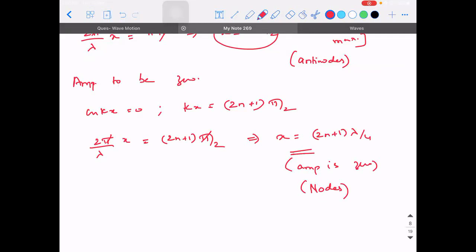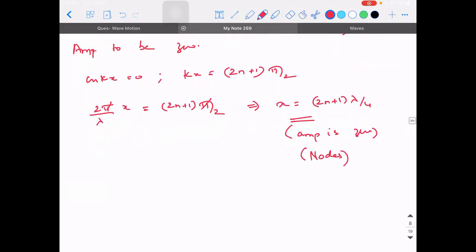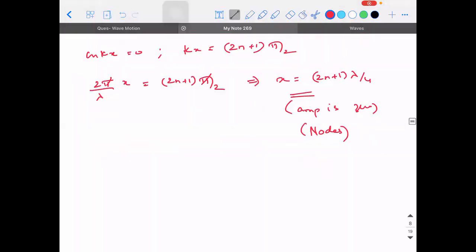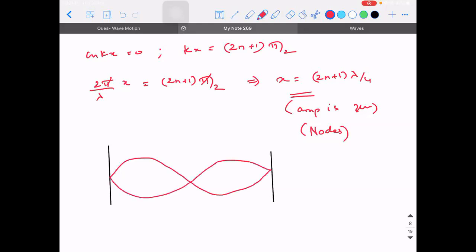Then how does a standing wave actually look like? That's what we need to understand. So what are these points? These are nodes. This is a node and this is a node. This is one standing wave. This is the second standing wave. It keeps on going like this, so it can be any number of standing waves.